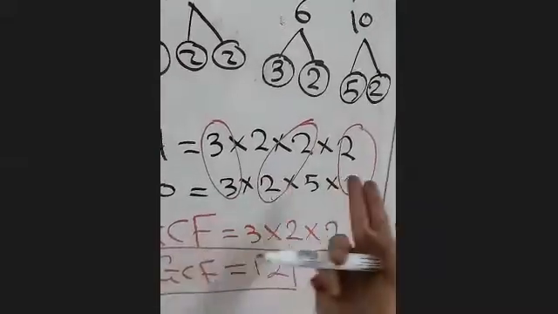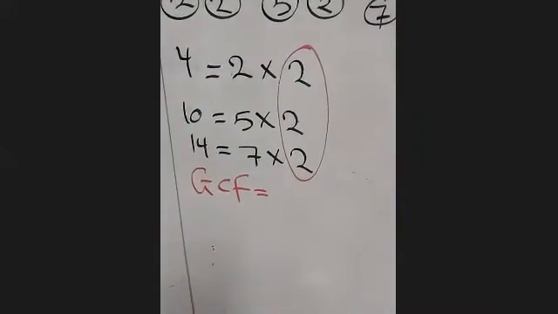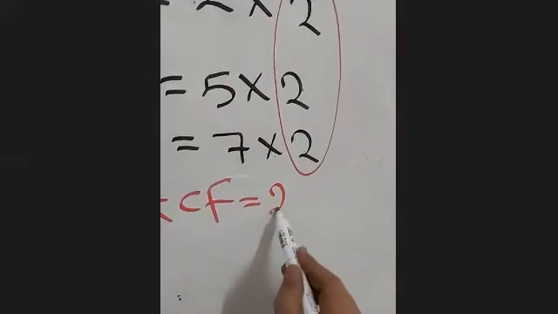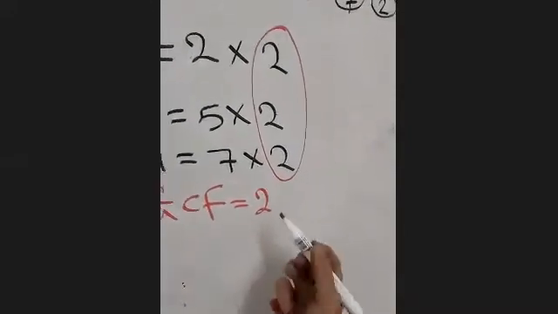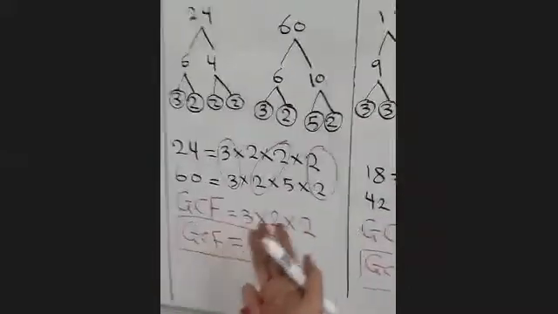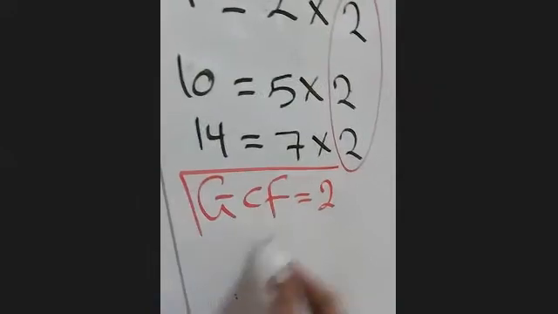Here we have 3 groups of common. Here how many groups of common do we have? 1 group. So I will take one number of them, which is what? 2. Do we have another number to multiply, like these examples? No. So the GCF is what? 2. Only 2. Do you understand it?